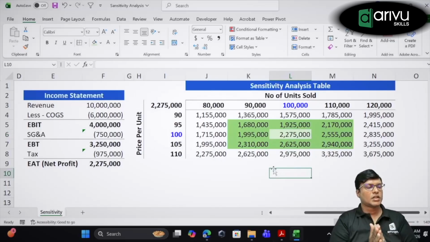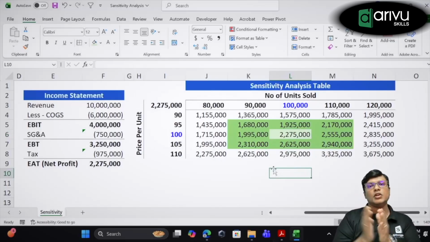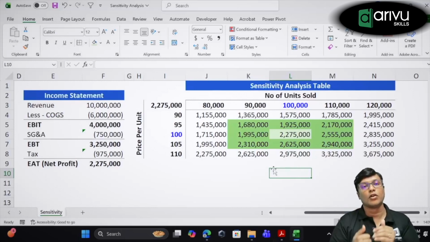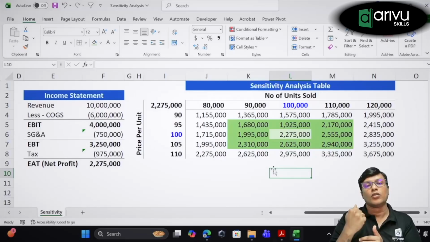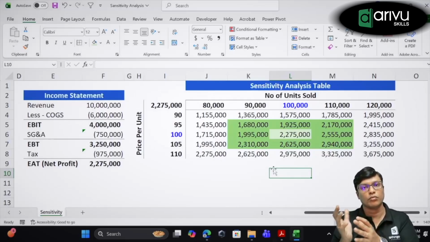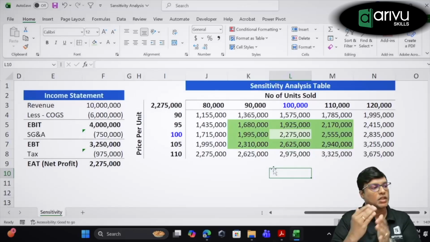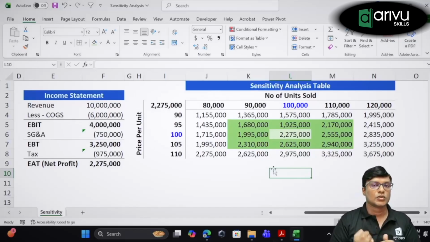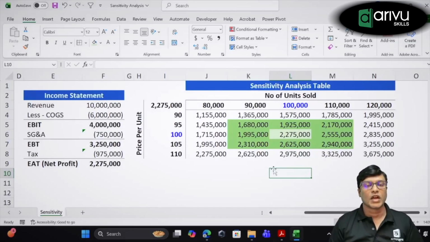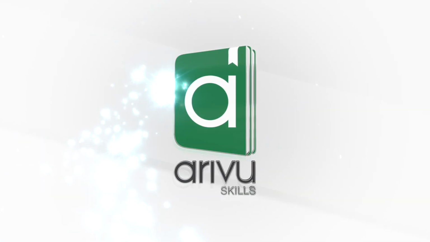So this analysis we do to calculate what shall be the profits at the different levels, or what shall be the share prices at the different levels in the market, or what shall be the number of equity shares issued or bought back. So such analysis, we use the sensitivity analysis table. So this way you can analyze at the different situations in the different combinations instead of doing it each and every time.